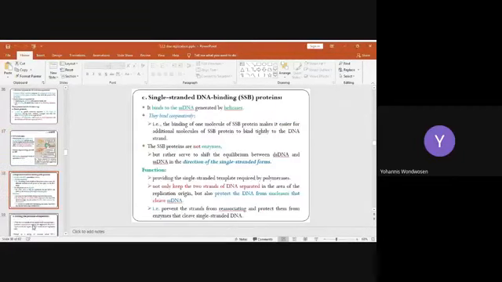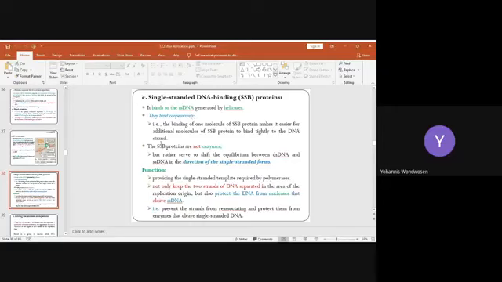There are other proteins and enzymes. Single strand DNA binding protein, I told you it binds with a single strand, and the binding of the single strand binding protein is activated after the helicase is unwinding the chain. They bind cooperatively, and those proteins are not enzymes.